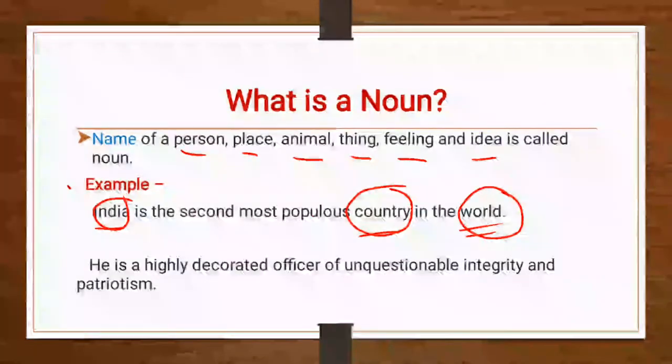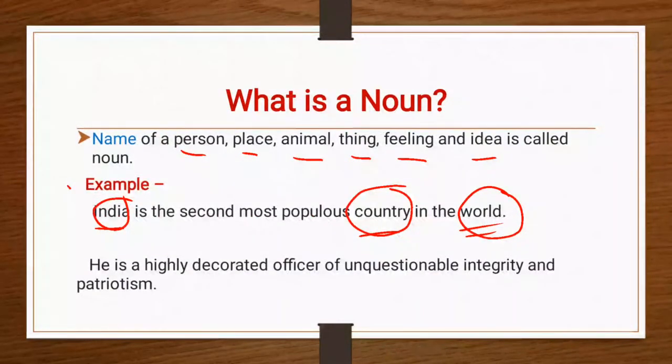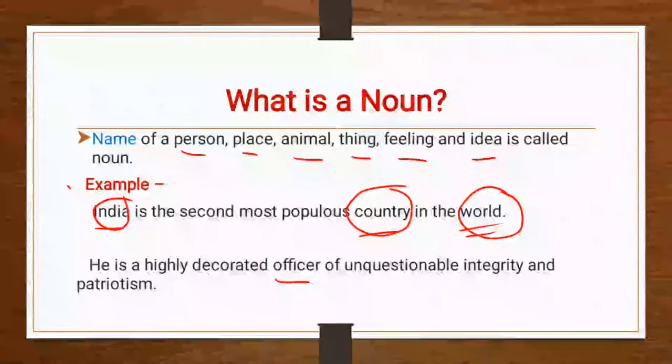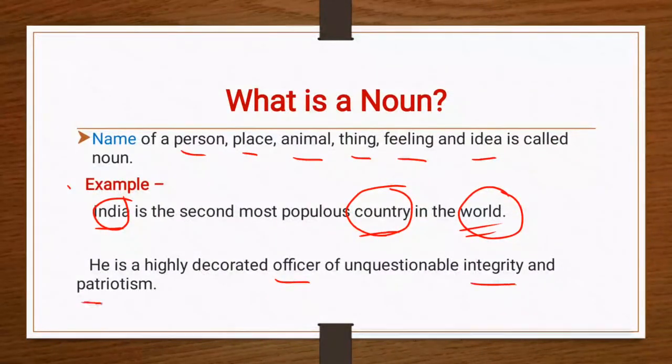He is a highly decorated officer of unquestionable integrity and patriotism. Can you identify nouns in this sentence? Let me help you. Here, officer, integrity, and patriotism are playing the role of a noun.